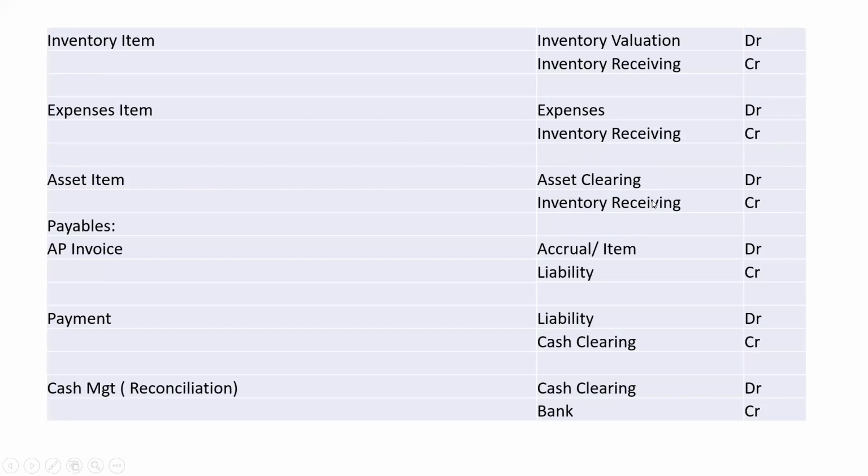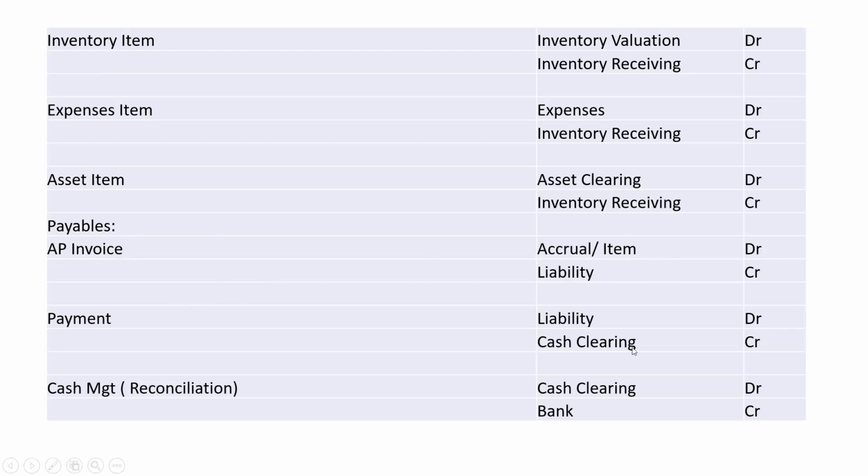For example, when you do the capitalization, at that time the clearing account is credited and the asset account is debited. And for payables, the AP invoice: accrual account or item as debit and liability account credit. And while making a payment, liability account is debit and cash clearing account is credit.